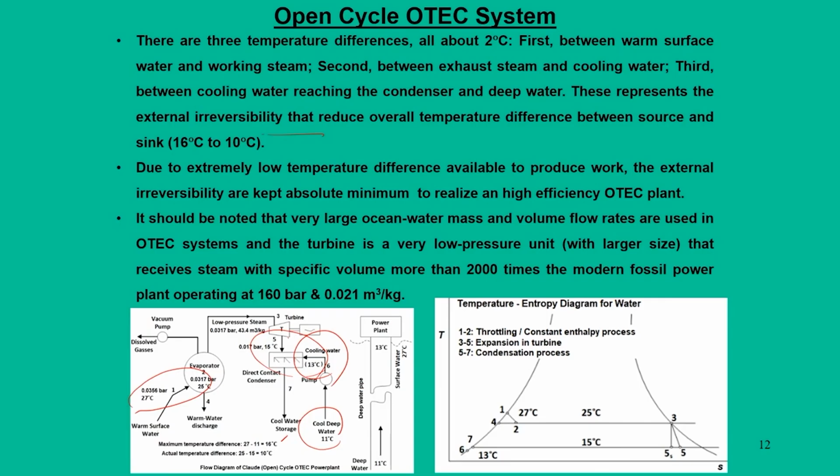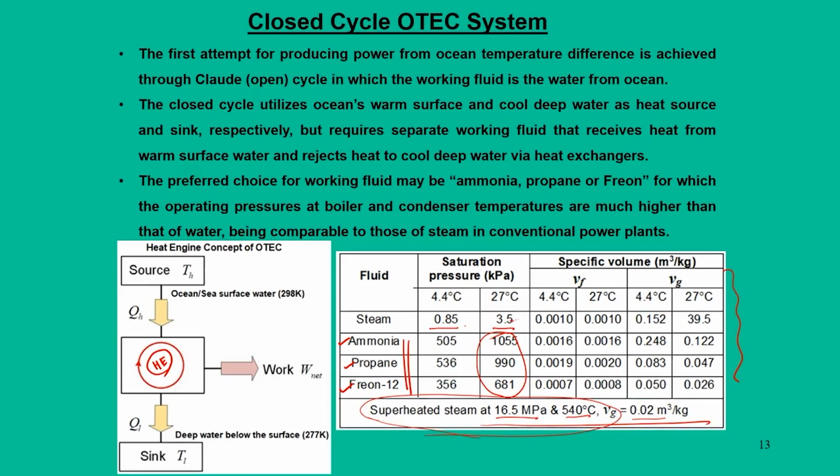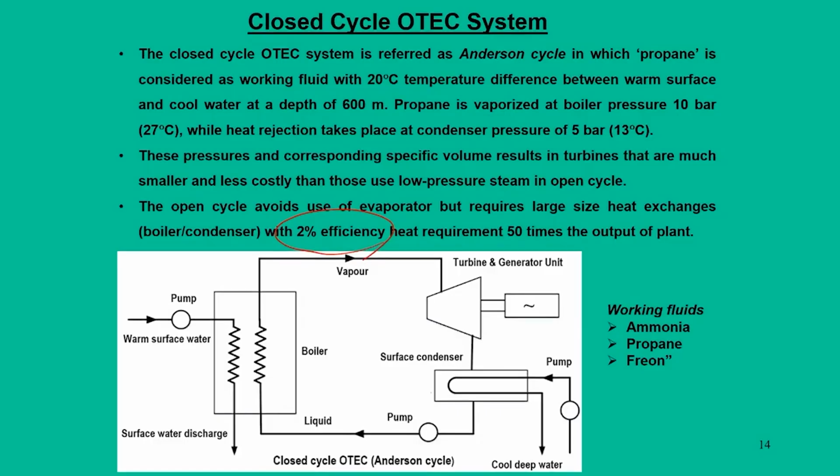But one advantage is that with that 2 degree centigrade difference we can use a large volume of water. However, using a large volume of water for a small temperature difference requires huge infrastructure cost.